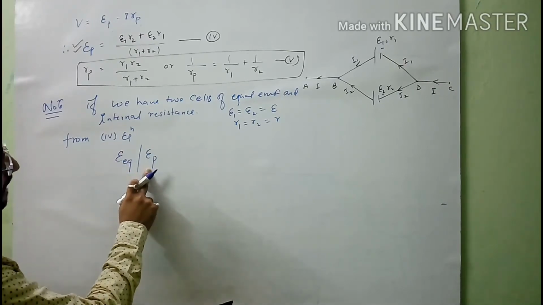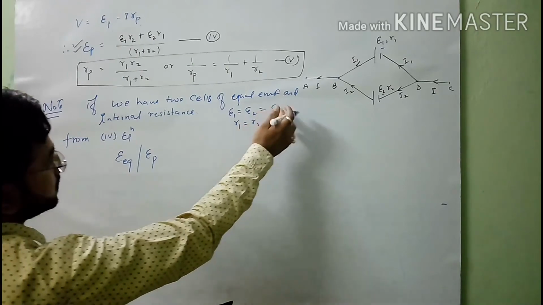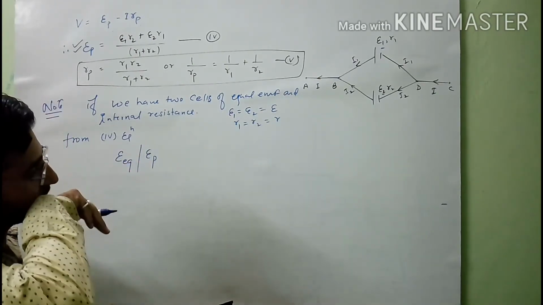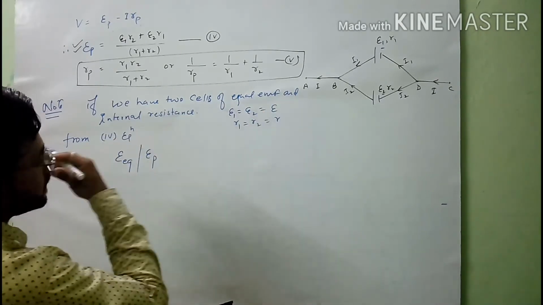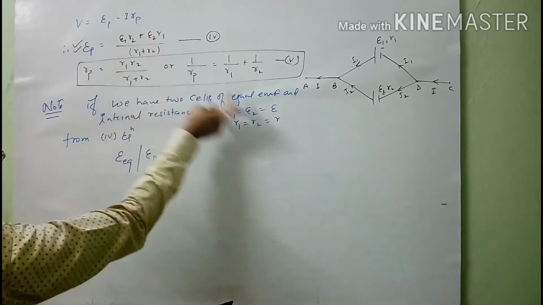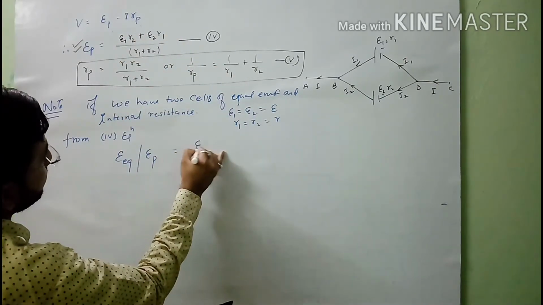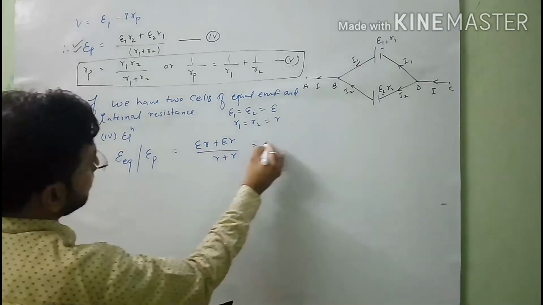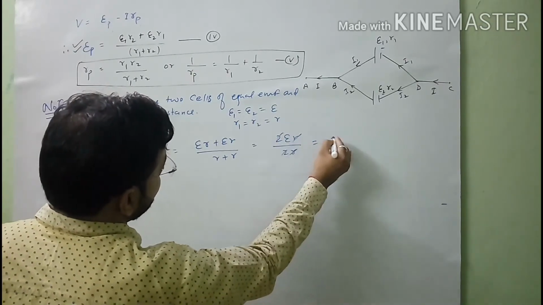So if you write the equivalent EMF in parallel combination, and suppose all cells have equal EMF, here I am taking first 2, after that we talk about n. So that time what answer comes, see, you substitute the values and I will get epsilon R plus epsilon R over R plus R, here 2 epsilon R over 2 R, cancel out all, I will get epsilon.